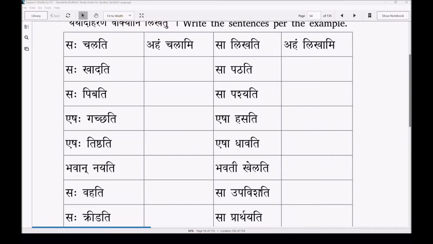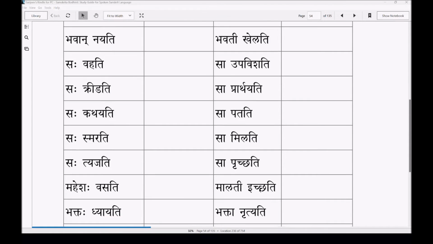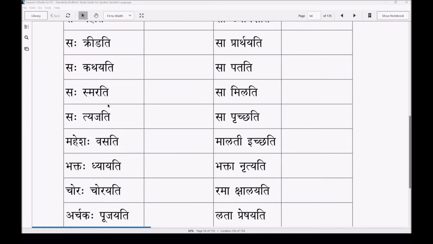playing. Upavishati means sitting. Then we have kridati, playing again. Then Kathayati. Kathayati means telling, right? Telling a story. Saha kathayati means he is telling. Then smarati, remembering. Tejati, abandoning. Vasati, living. Mahesha vasati, Mahesha is living.